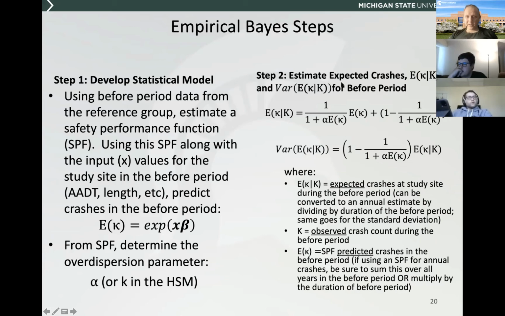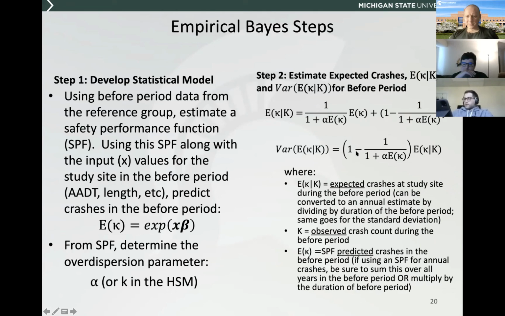And then calculating our expected number of crashes, this just relates back to what we had shown previously. So I put this in long form here, but this is basically W and 1 minus W. I don't know if it's more or less clear in long form or short form, but that's all we're showing right here.